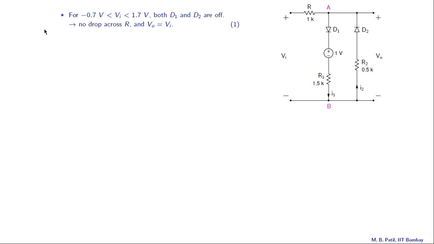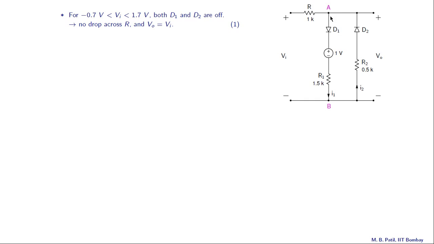Alright, we know a lot of things about the problem now, and let us proceed to obtain Vo as a function of Vi. Let us start with this situation, that is Vi between minus 0.7 volts and 1.7 volts. And as we saw in the last slide, for this case both D1 and D2 are off.